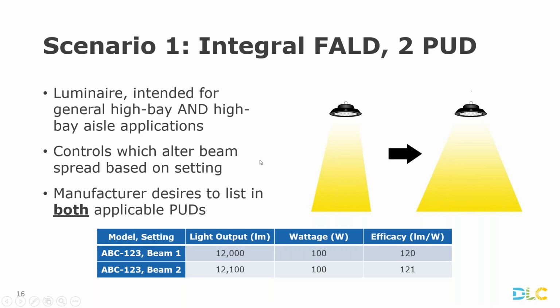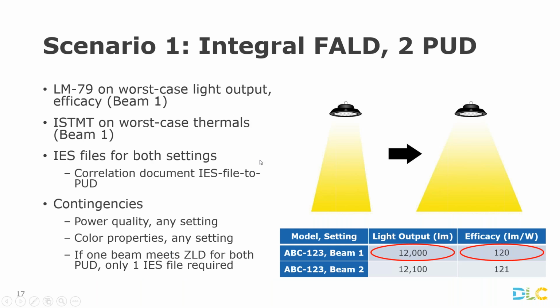So if we can click to the next slide, for this scenario, the FALD policy stipulates that the LM79 testing has to occur on the setting where the product is performing at worst case. And there are multiple worst cases to consider. Here, for simplicity, they're basically all aligned.